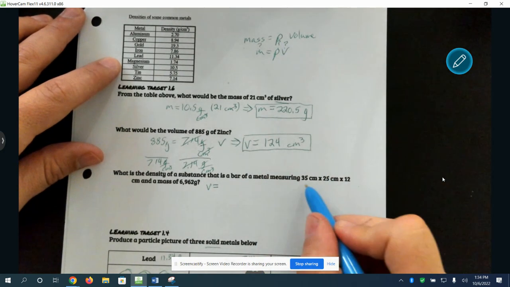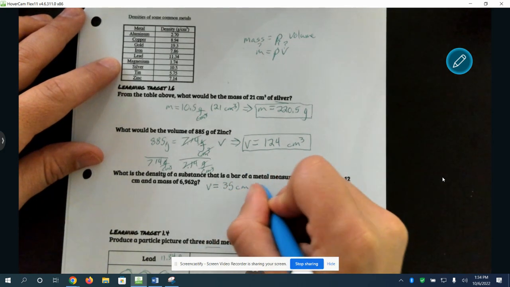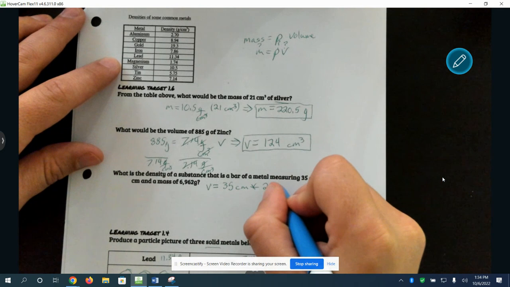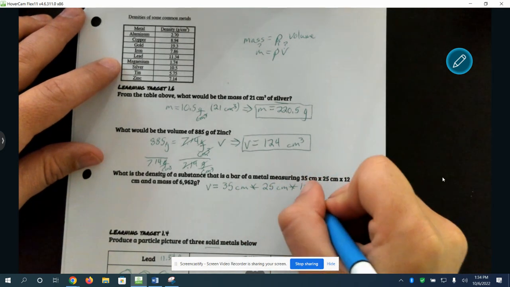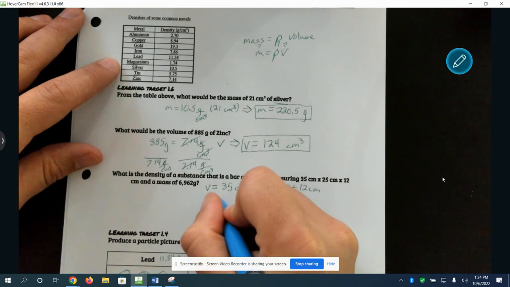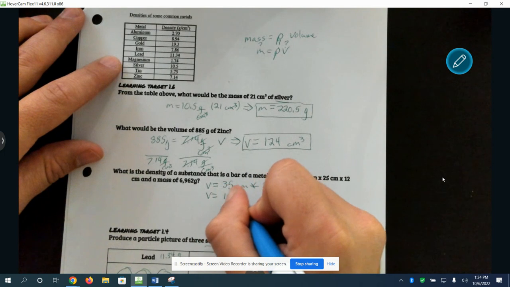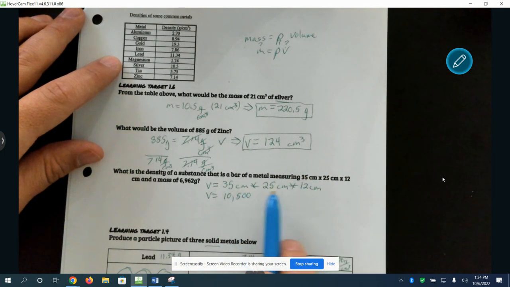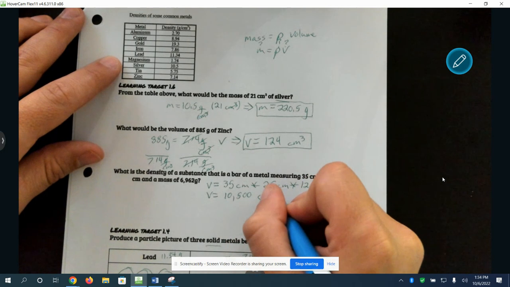So the first thing I'll do is multiply these three together because they are the three sides of a regular shape. When I multiply those three together, I get 10,500, and it is centimeters times centimeters times centimeters, so it's 10,500 centimeters cubed.